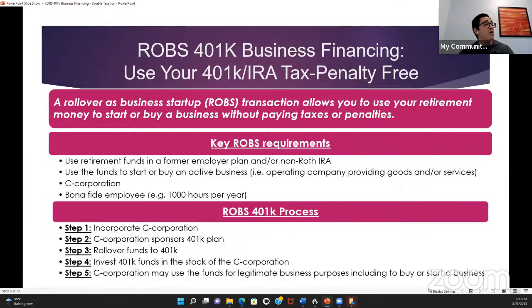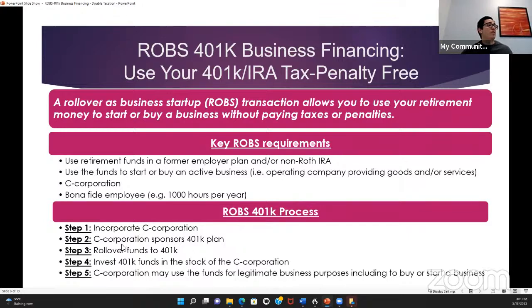You must use the money to start or buy an active business. So typically that means an operating company providing goods or services. You must operate the business as a C corporation. And obviously we're going to focus on what exactly that means here today in terms of double taxation. You have to work in the business as a bona fide employee. So typically that means you're working at least 1,000 hours a year.